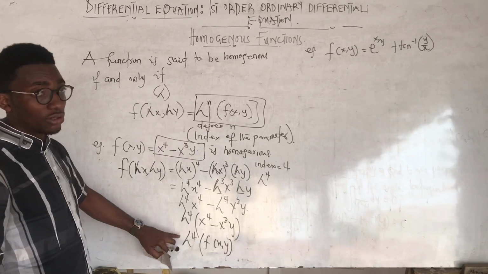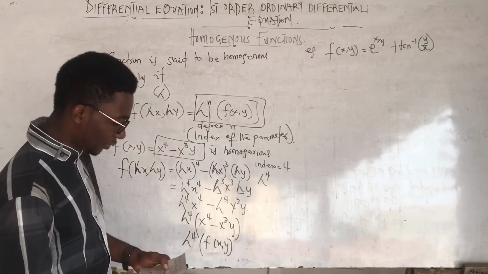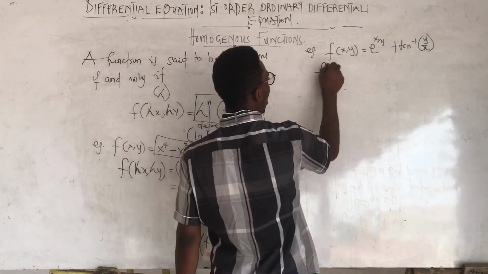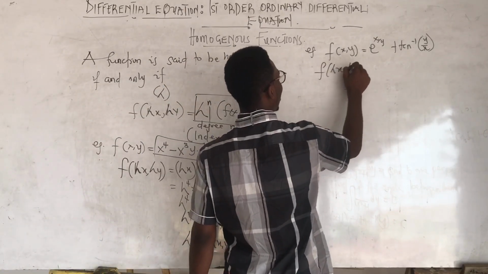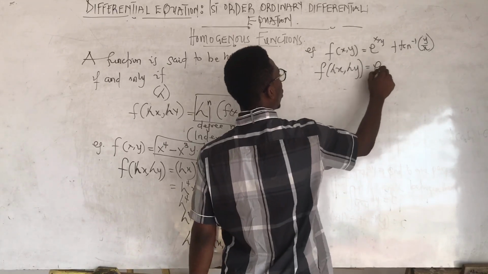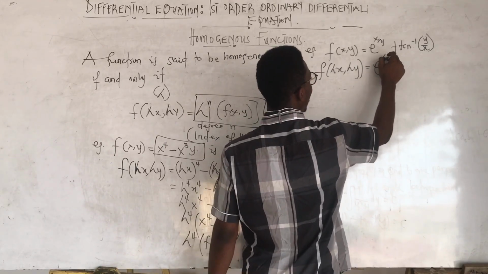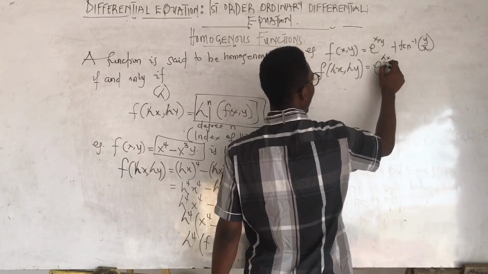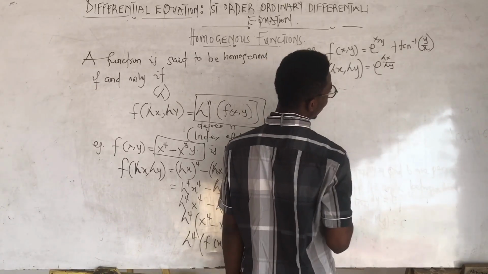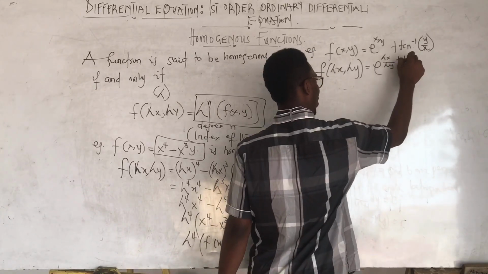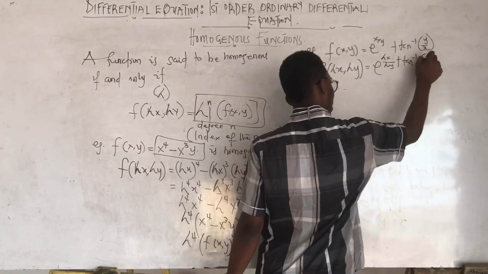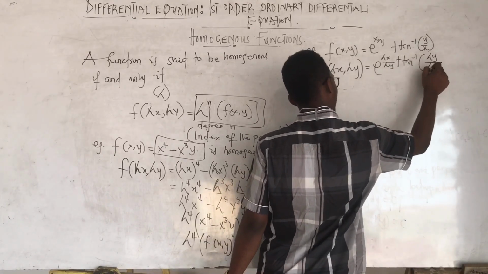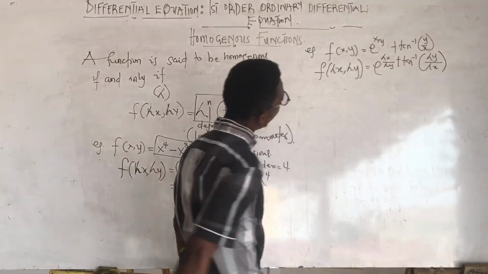Let's see whether this is also a homogeneous function. We introduce f of lambda x, lambda y, which is equal to e to the power lambda y divided by lambda x, plus the tan inverse of lambda y divided by lambda x.